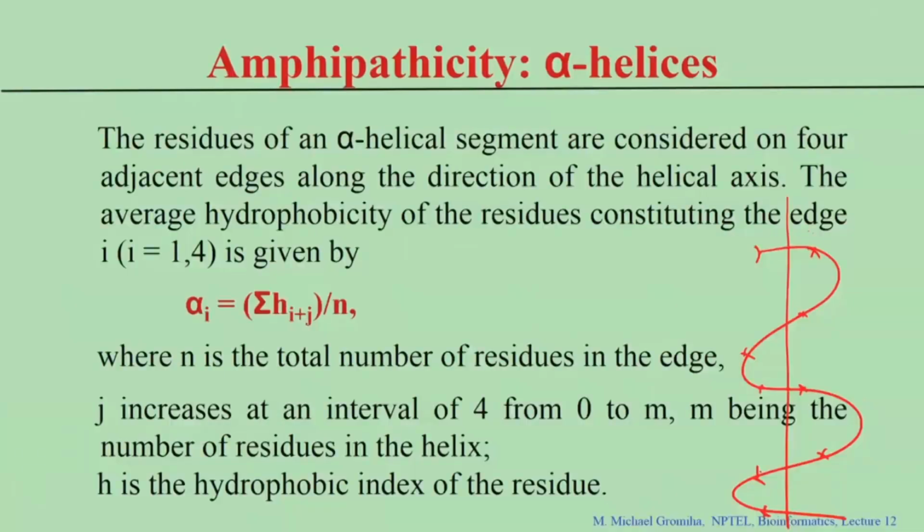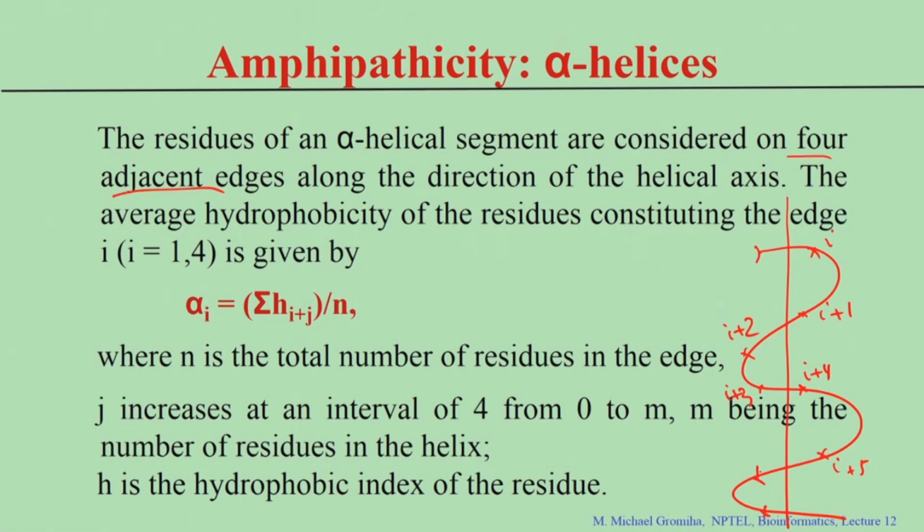So, they show a periodicity of these residues at different positions. If this is I, then this is I plus 1, I plus 2, I plus 3, I plus 4. So, you can see the periodicity, I plus 5. Between this I and I plus 4, this 1, 2, 3, 4 and this 5, 1 and 5 will be in the same phase, and likewise you can see 2 and 6. So, if you have a helical segment, you can make 4 adjacent edges, and put 1, 2, 3, 4 in the direction of the helical axis.